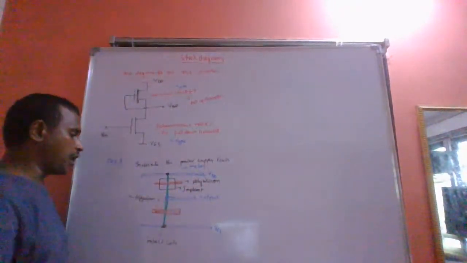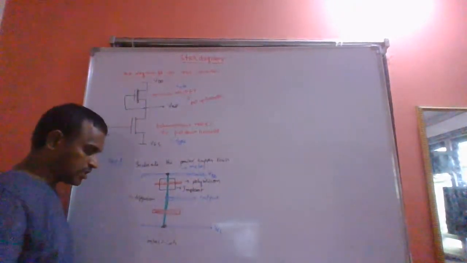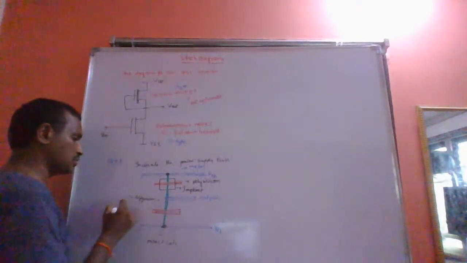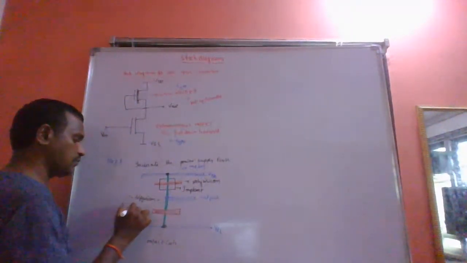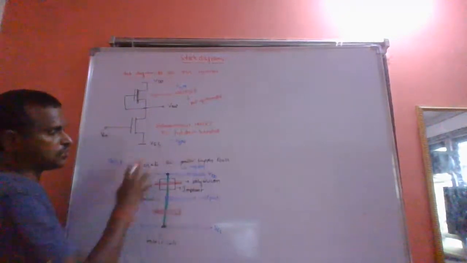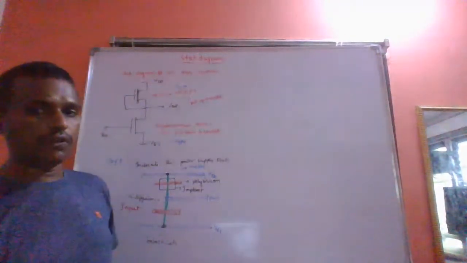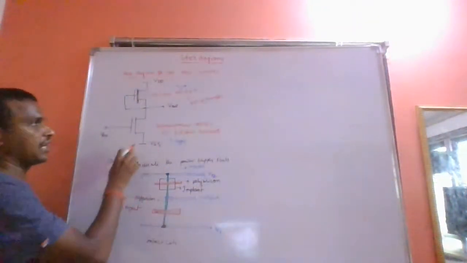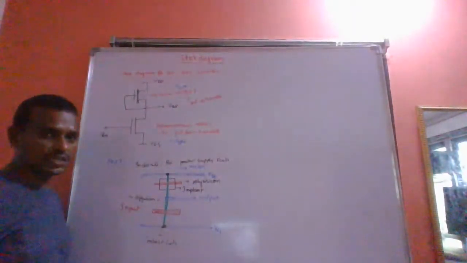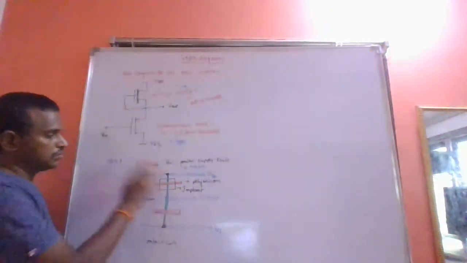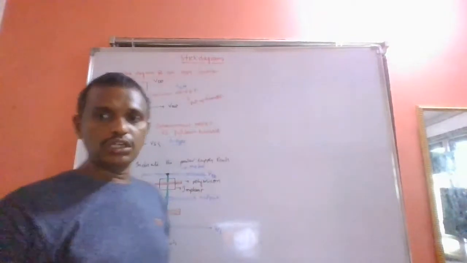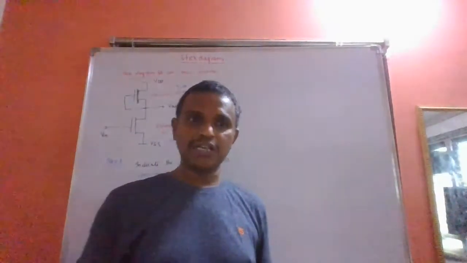At this point itself, at the gate, that is the polysilicon itself, I will consider the input. So this is the formation of the stick diagram for this NMOS inverter. Right, so this is about the stick diagram for the NMOS inverter.